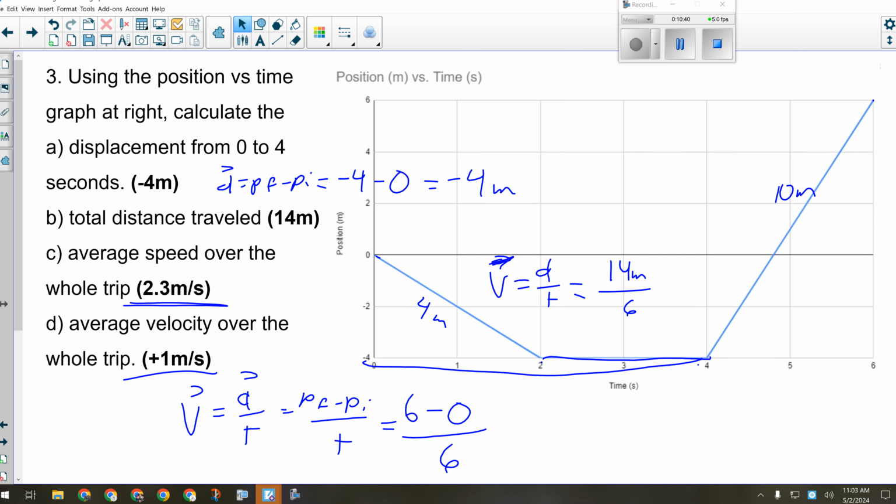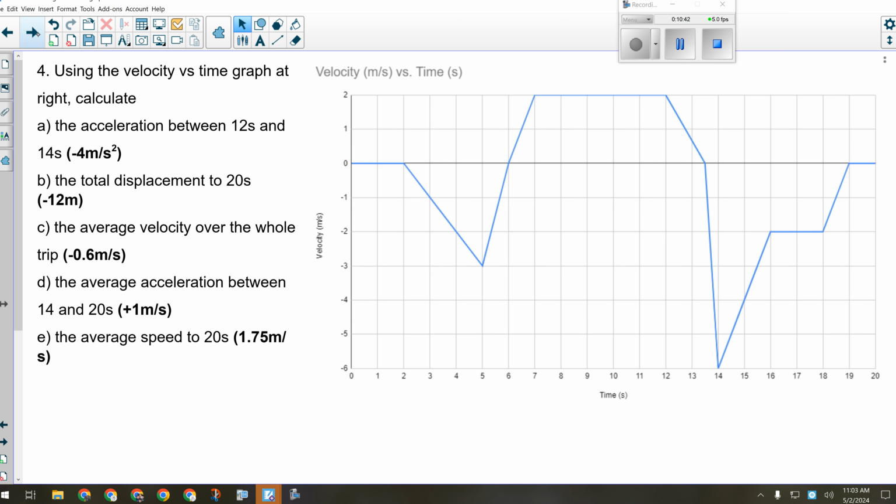Okay, let's look at a velocity versus time graph. Yesterday, when we were working on velocity versus time graphs, we said that if you want to get the displacement, you have to use average velocity times time.